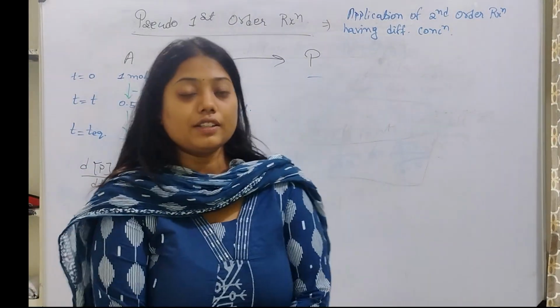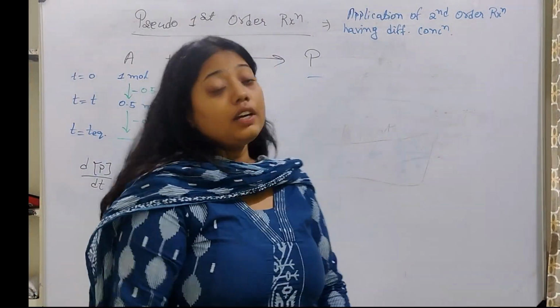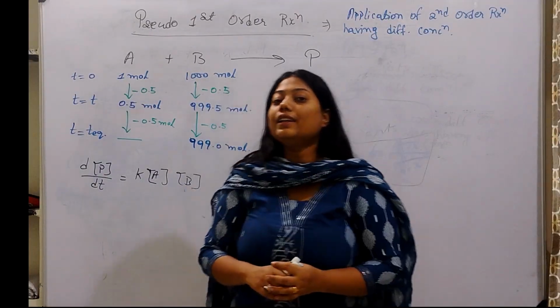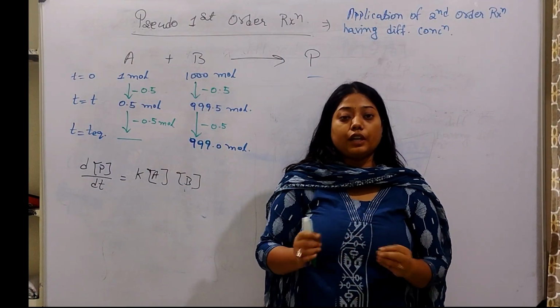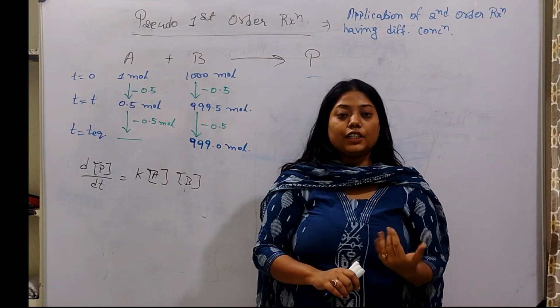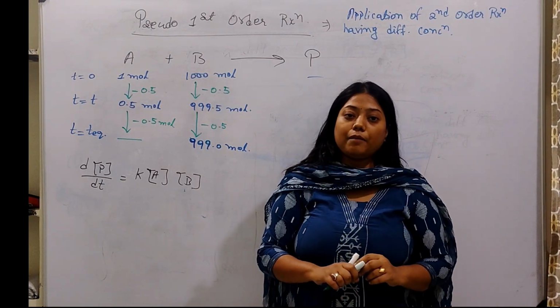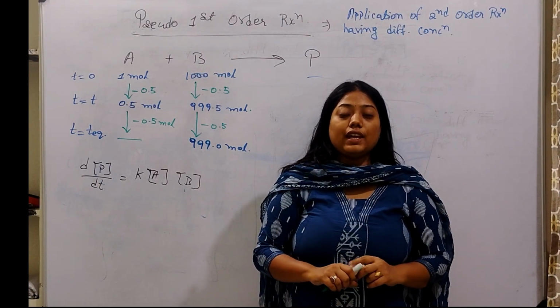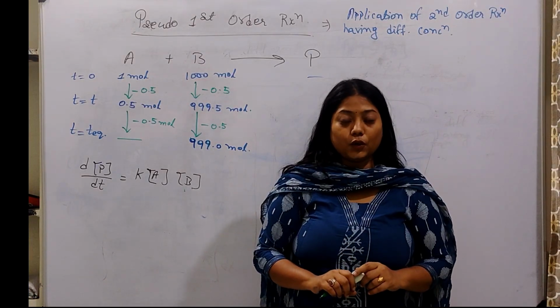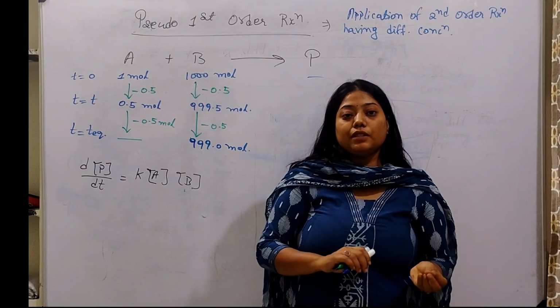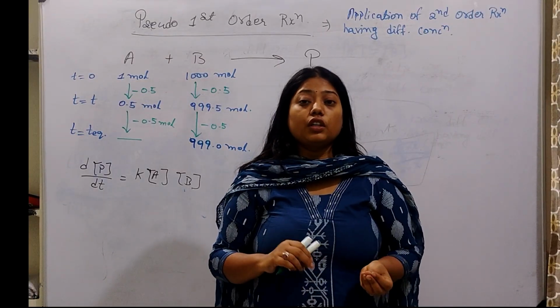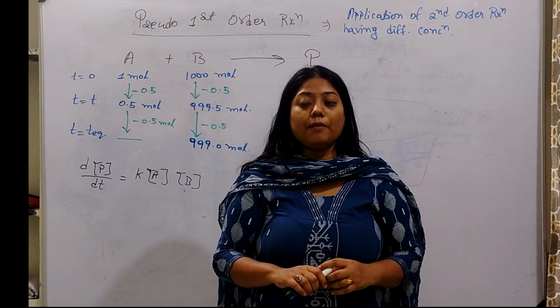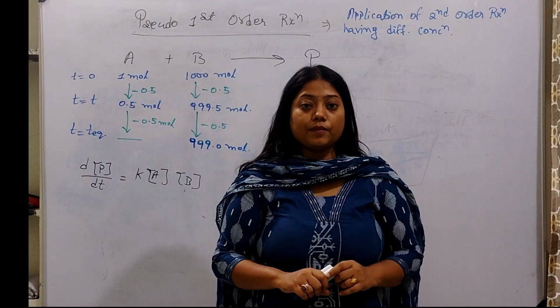So now before proceeding here, I'll just tell you one story. Let's suppose I and my friend have different amounts of money. Let's suppose I have 10 rupees and my friend has 1000 rupees with her. Okay, so after some time, let's suppose I have lost 1 rupee, and my friend also lost 1 rupee.